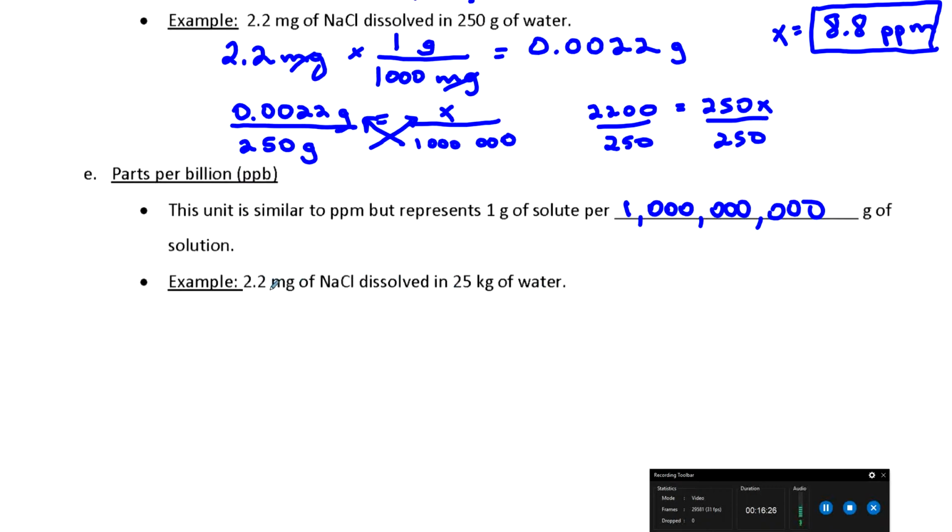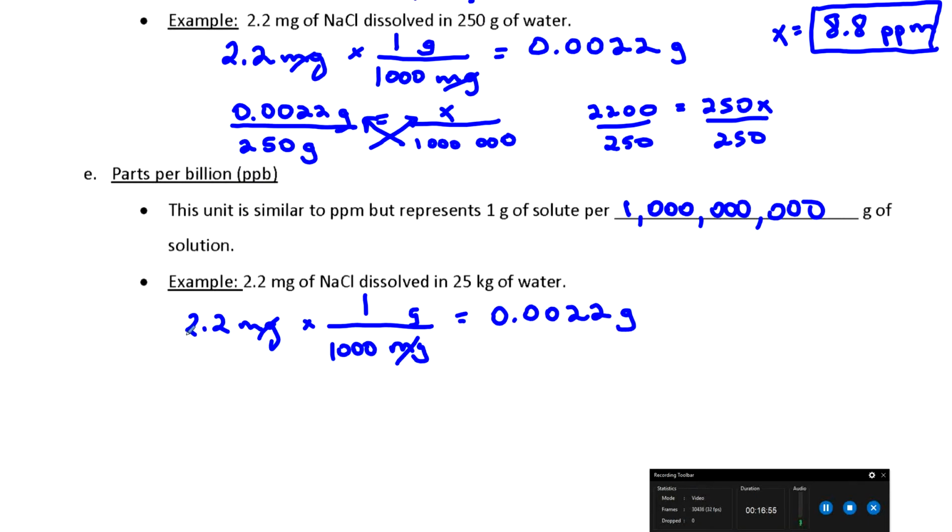So again, in order to compare these volumes, we have to make sure they're in the same unit. So let's just go everything to grams. So 2.2 milligrams, we're going to convert it to grams. So in 1 gram, there's 1,000 milligrams. So that's going to give me the same 0.0022 grams.